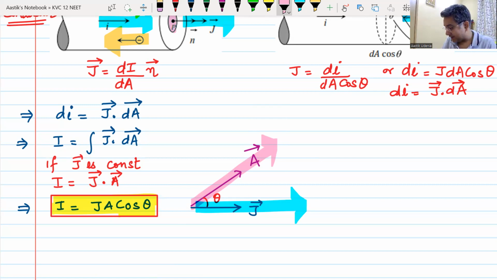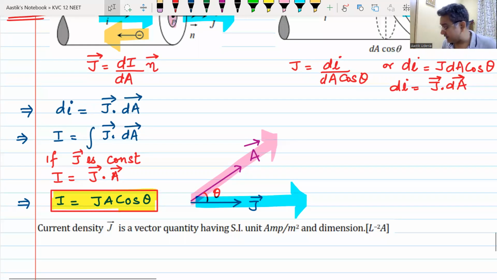Okay. Then the next thing you have to understand is what are the units and what are the dimensions of current density. Please note them down. Current density, as you know, is a vector quantity.